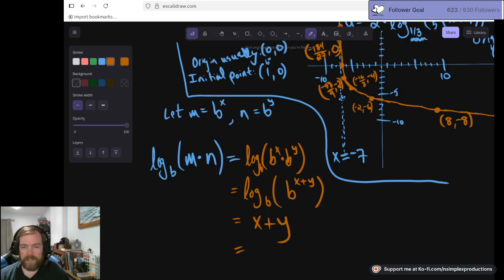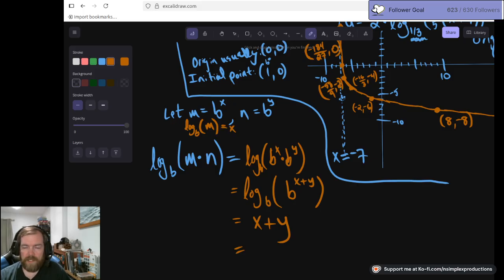So x is going to be equal to, well, this is a little bit harder to look at, but if we reverse the form that we get for m equals b to the x, this is the log base b, what exponent on a base of b gets us m? That's x.